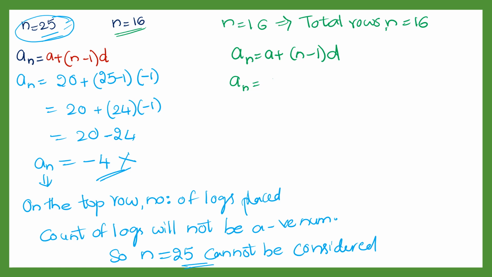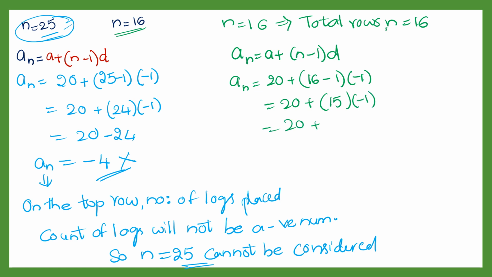An is equal to a is 20 plus n is 16 minus 1 into common difference is minus 1. So 20 plus 15 into minus 1 is minus 15. So 20 minus 15 we get 5. So this is the correct answer.